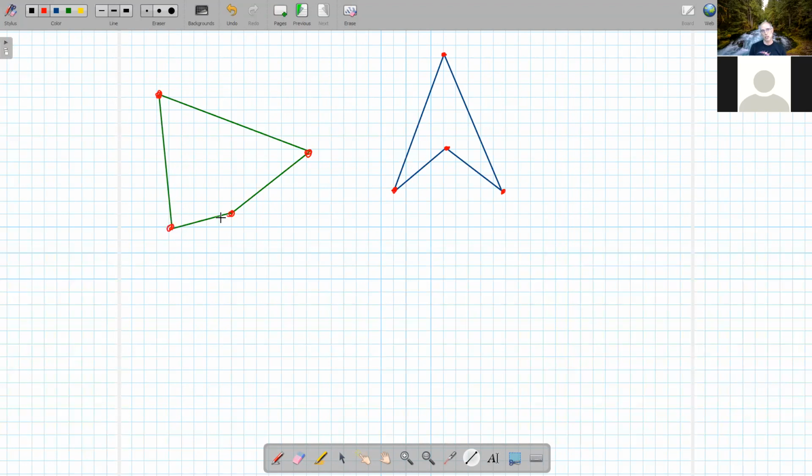So this vertex is adjacent to that one. But this vertex here is not adjacent because they're not connected by an edge. But I can connect them if I want to, and two vertices that aren't adjacent are diagonal to each other. And so if I draw an edge inside here, that dotted line is a diagonal, as opposed to the green lines, which are edges.